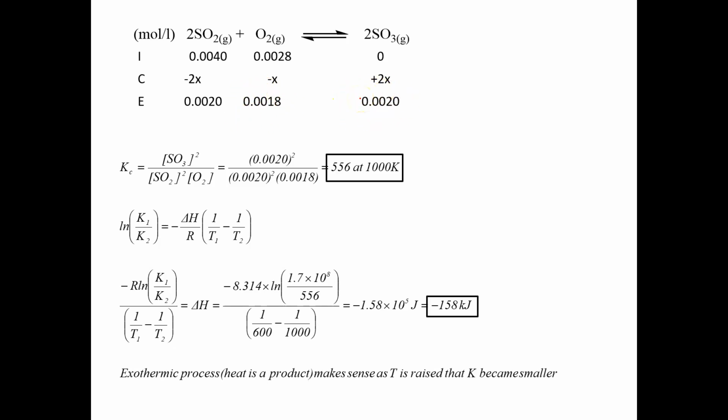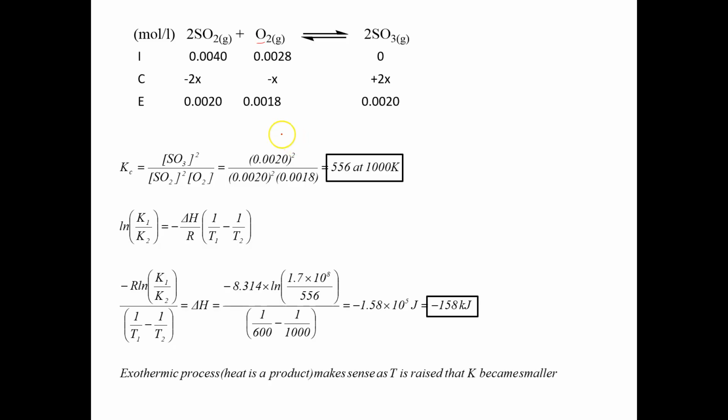Now we can go ahead and calculate K at 1000 Kelvin. Because I've got two SO3s, I have to square my concentration of SO3. I also have to square my concentration of SO2, but I don't need to square or cube my concentration of O2 because I've only got one of those.